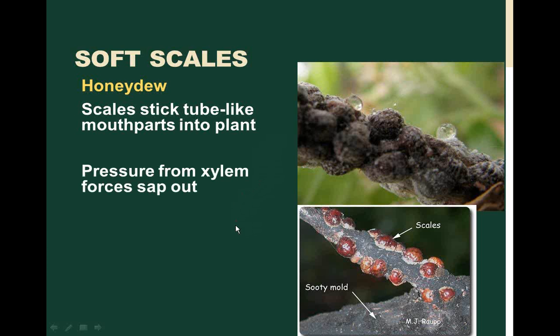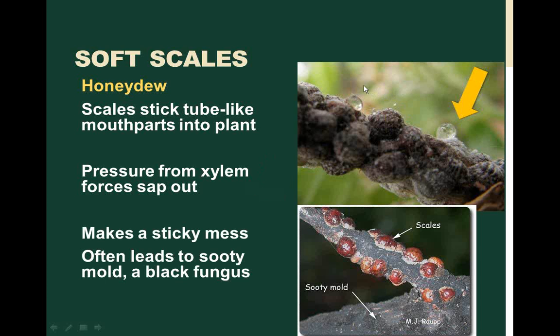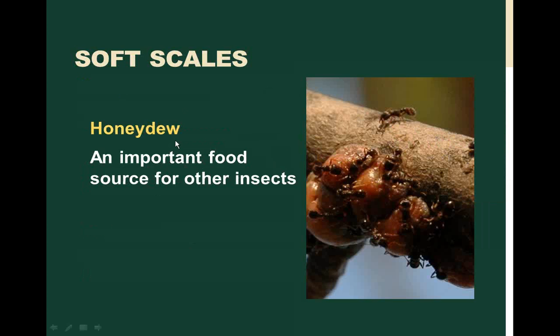Basically what they do is they suck out the material, but there is some turgor pressure from within the plant that pushes the sap out of the xylem. And you can see illustrated up there where that arrow is located. And it just makes a sticky mess, which definitely leads to sooty mold growing off that sugary base.